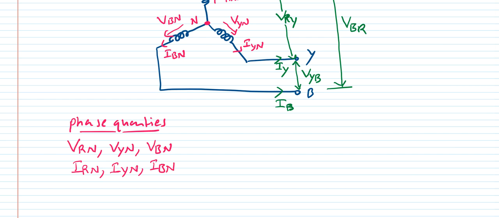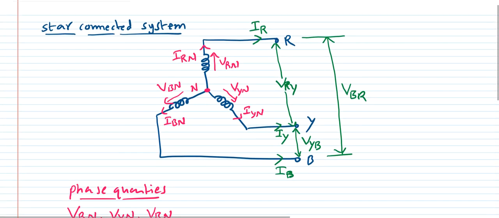They are phase voltages because the voltage between the R line and the neutral point is the phase voltage. Similarly the voltage between the Y line and the common neutral point is also a phase voltage. The currents flowing through these coils, IRN, IYN and IBN, are called the phase quantities.